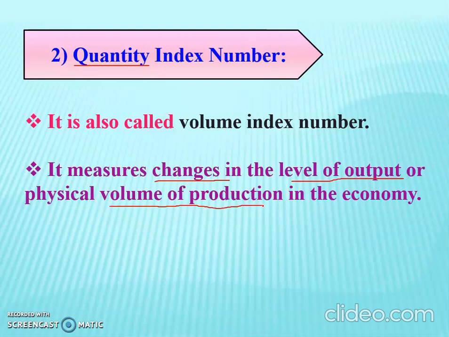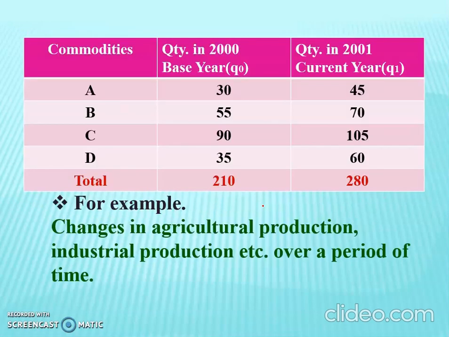So in this particular index number we are calculating quantity, not price, and therefore it is called the quantity index number or volume index number. Now here an example is given, that is the changes taking place in agricultural production or industrial production over a period of time. See, in index numbers generally 2 years as a period of time we take for granted.